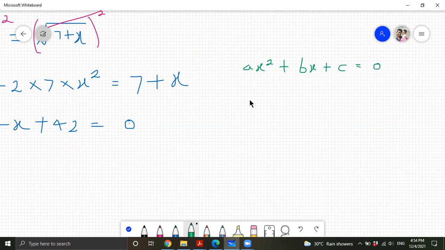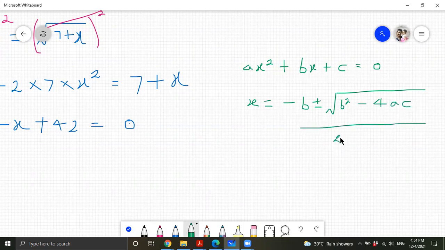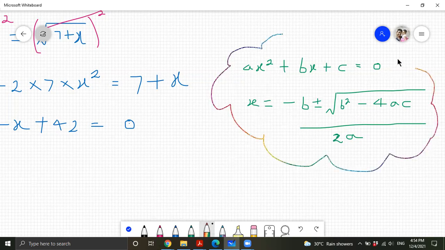We can find the value of x, that is given by minus b plus or minus square root of b squared minus 4 times a times c, over 2 times a. So if we have an equation like this, we can find the value of x as easy as using this equation. So let us give some shape so that we can refer to it later, right?